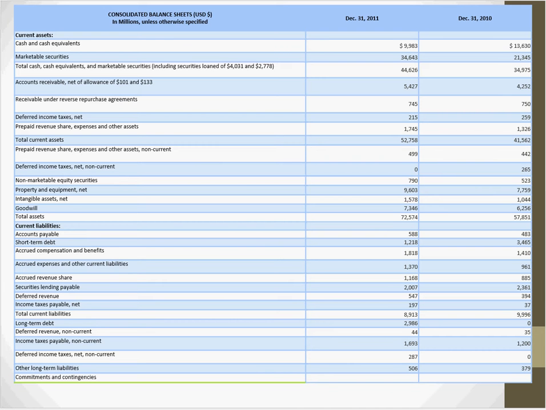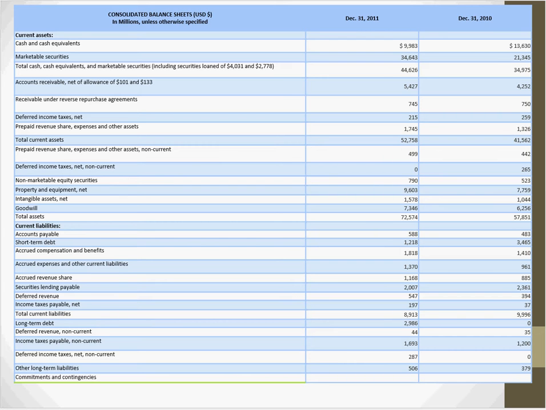So we have total liabilities. We need to add these up, right? So here's all the liabilities. Here's total current liabilities, and then we can add up these other things here. So let's just copy this, because we need to get to an equity number.